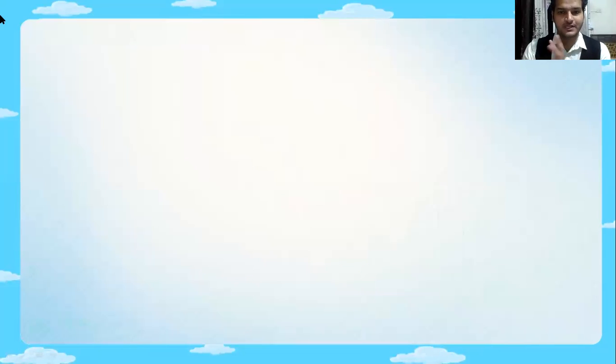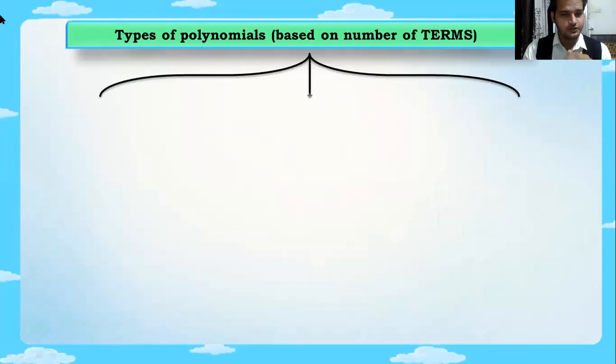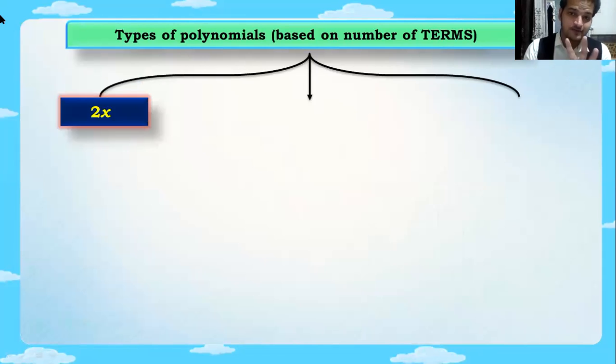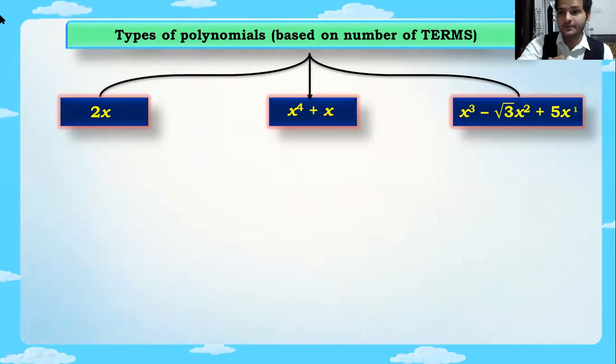Now we go with the types of polynomials based on number of terms. So there are three basic types. The first type we will understand with the help of example of 2x. Second type we will have the example of x raised to 4 plus x. And the third example with the polynomial x cube minus root 3x square plus 5x raised to 1. Now as I have discussed with you in the first part, what do you mean by term?